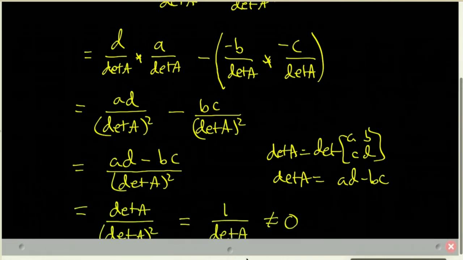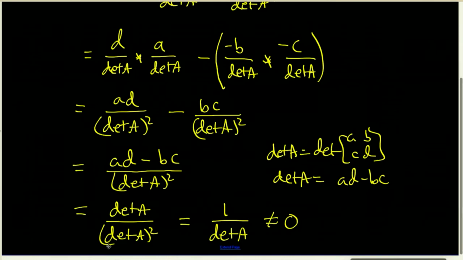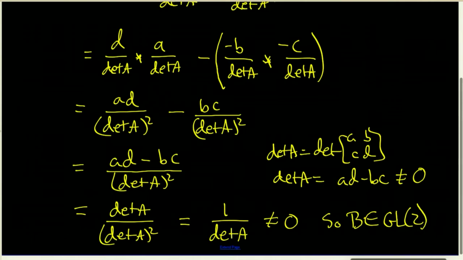In other words, we wind up getting this piece of arithmetic. This expression becomes this, which becomes 1 over the determinant of A. And since the determinant of A is not 0, its reciprocal is also not 0. And this says that my matrix B is indeed inside GL2.